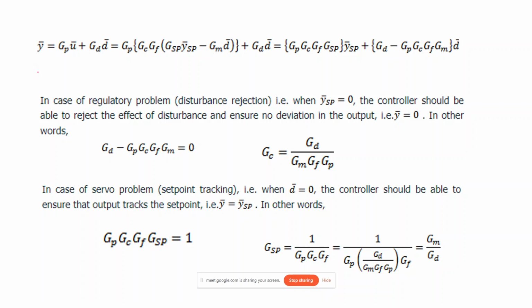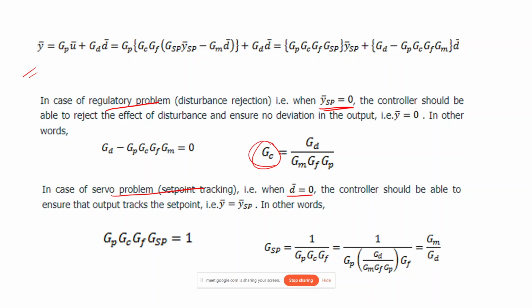So you can just simply say that in case of regulatory problem, similarly as in case of feedback controller, we will just put the YSP as 0. And similarly in case of servo problem, set point tracking, we will put the value of disturbance at 0 to find the controller transfer function.